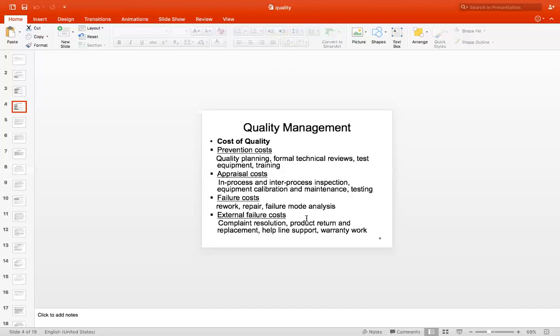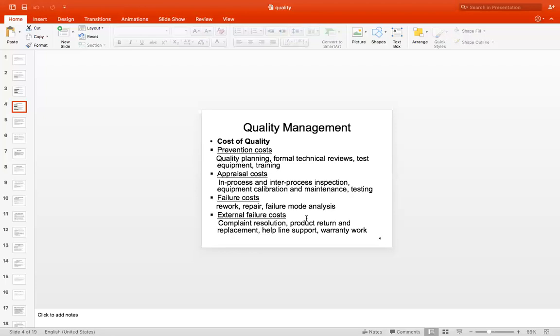So in between you need to have some inspections like in process inspections and inter process inspections, and you need to have some maintenance and testing. So the costs which are incurred for these come under appraisal cost. So when you're planning the budget itself, you should put some amount for this appraisal cost, right?